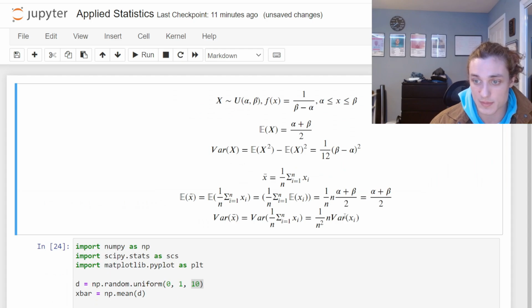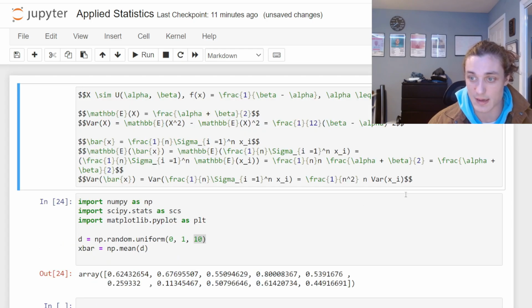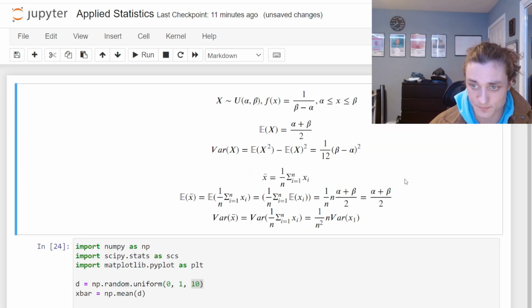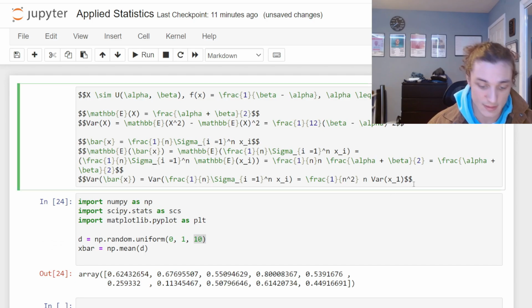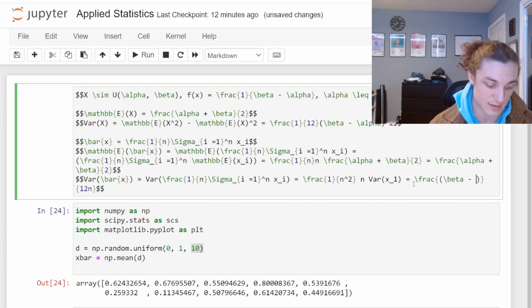If you wanted to be more specific, this could be any x i, so it could just be x 1, and in the same context, this is the same thing as E of x 1 because it's IID. But in this case, we know the governing distribution, so we know the variance. So we end up with 1/12 times n times beta minus alpha squared.